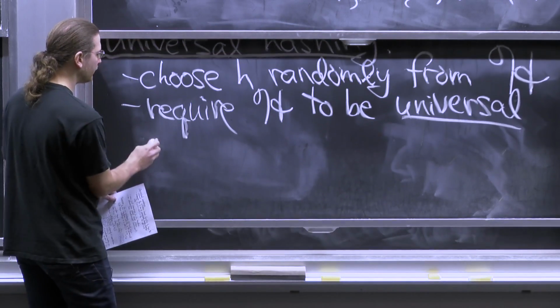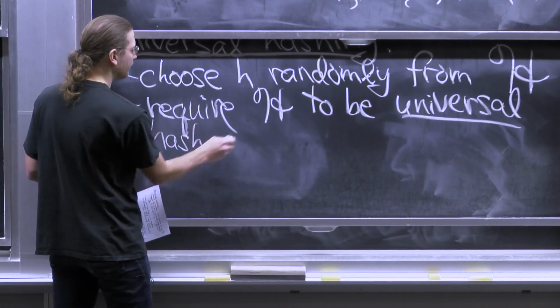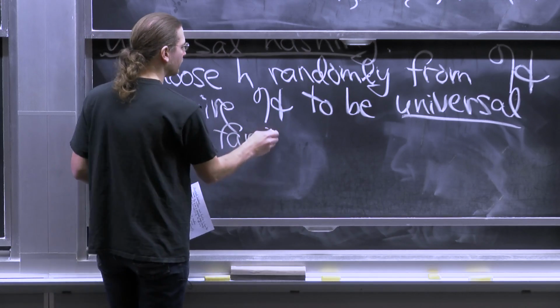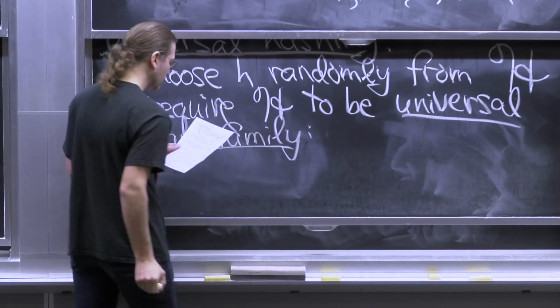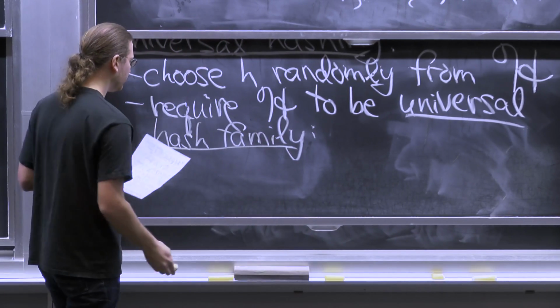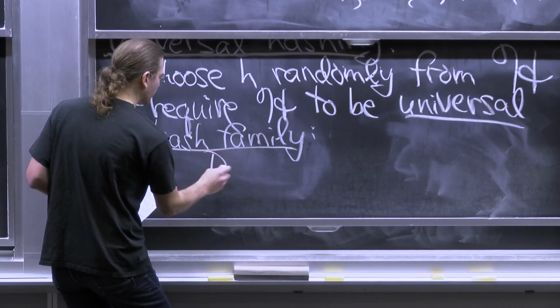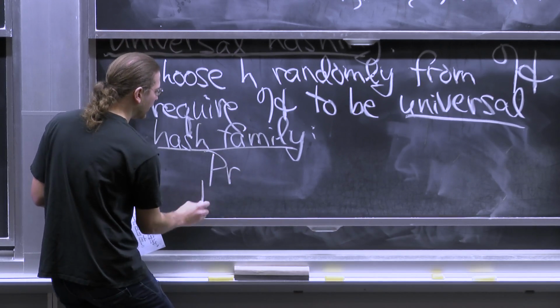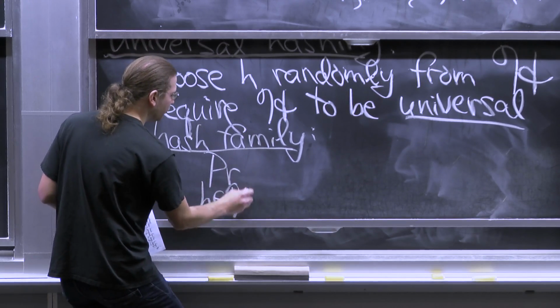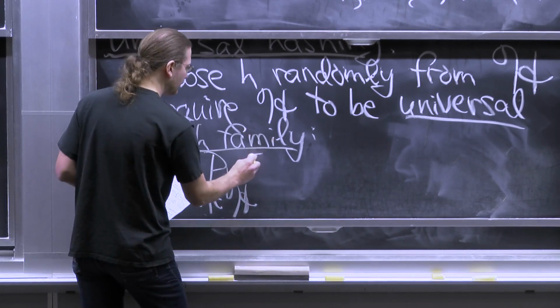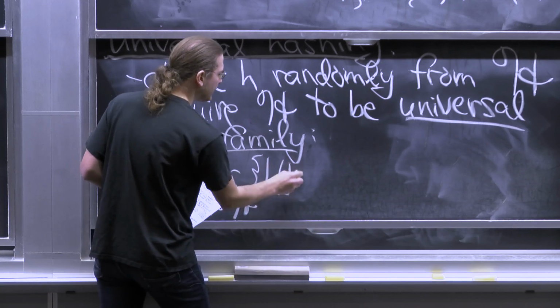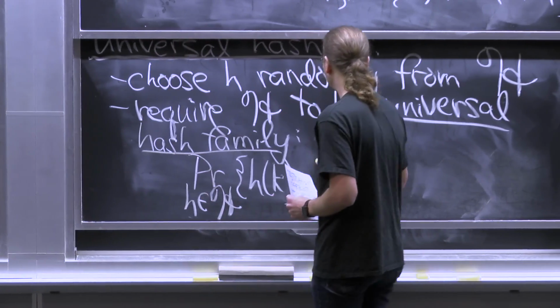Generally, you call it a universal hash family. Just a set of hash functions. What we want is that, so we're choosing our hash function little h from big H. And among those choices, we want the probability that 2 keys hash to the same value to be small.